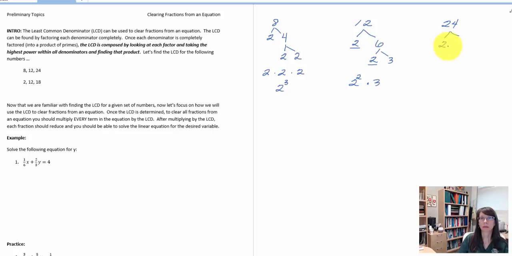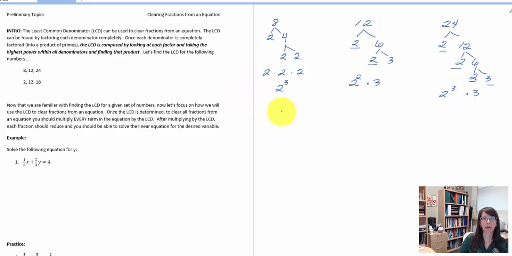So I'll just keep going with 2 times something, in this case 2 times 12. 2 is already prime. 12 could be broken down again as 2 times 6. 6 is 2 times 3. And now the factors that I'm left with are prime numbers. So I can see that 2 is a factor showing 3 times. So 2 is cubed multiplied by 3.